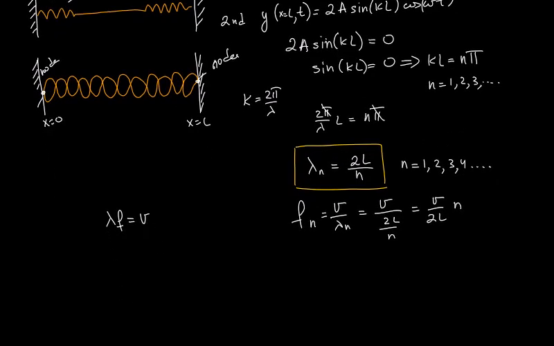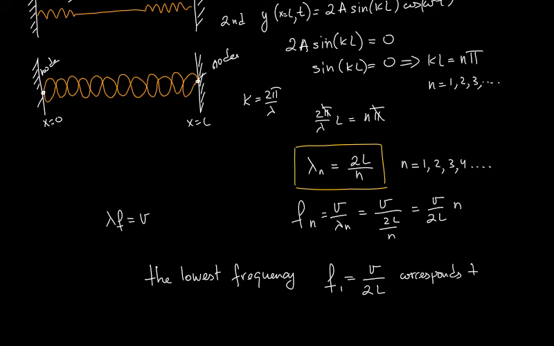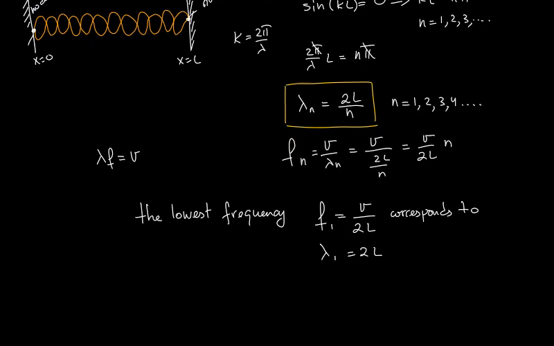The lowest frequency, which we're going to call f1, will happen at v over 2L, and that corresponds to λ1 equals 2L. This is known as the fundamental frequency.